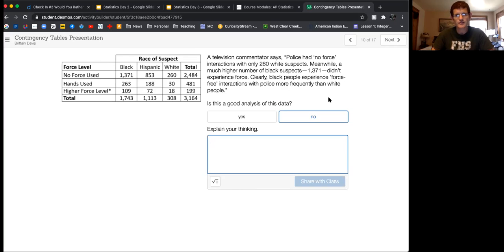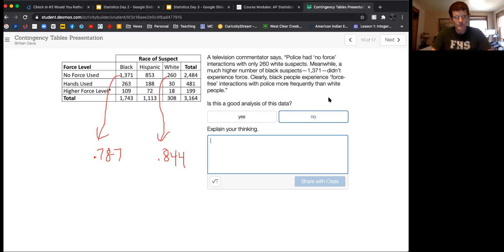So on the condition of race, I'll go ahead and tell you, because we didn't really show these numbers, this was 0.787, and this was 0.844.